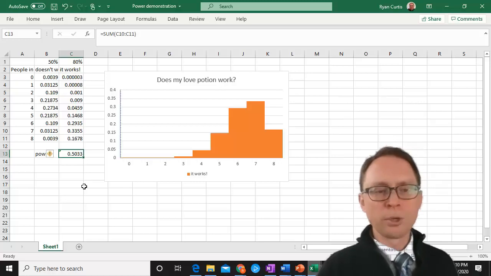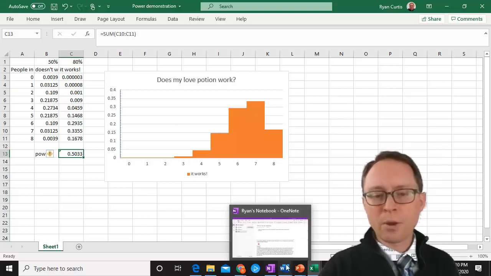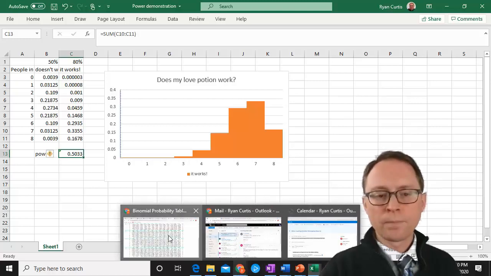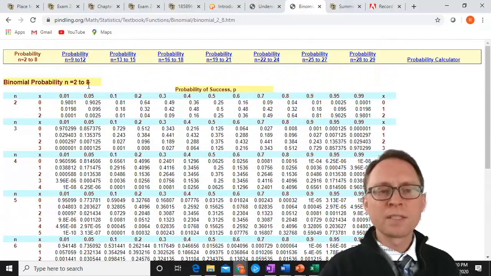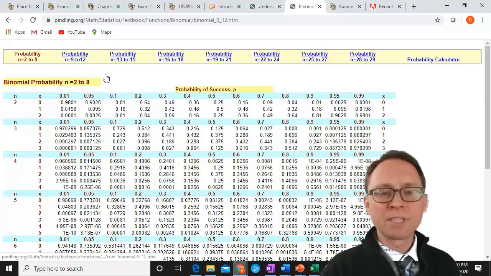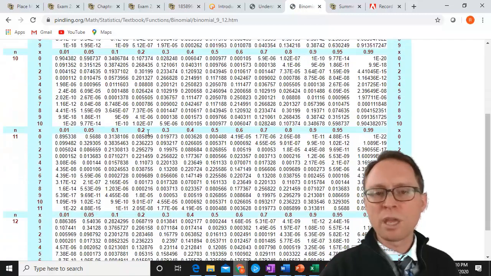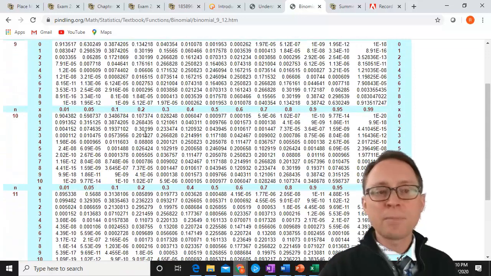So here's what I want you to do. I want you to calculate power for a different study. Let's say that instead of having 8 people in my study, I have 10 people in my study. We'll keep everything the same except for the number of people.